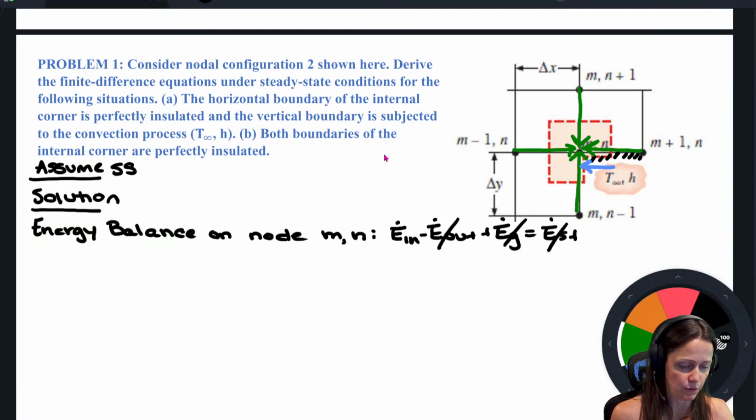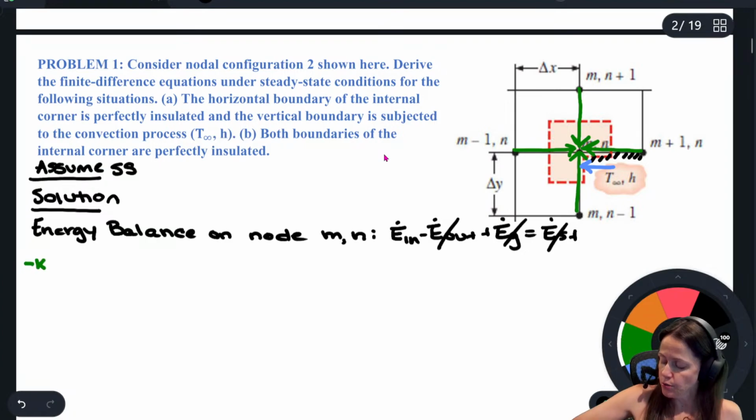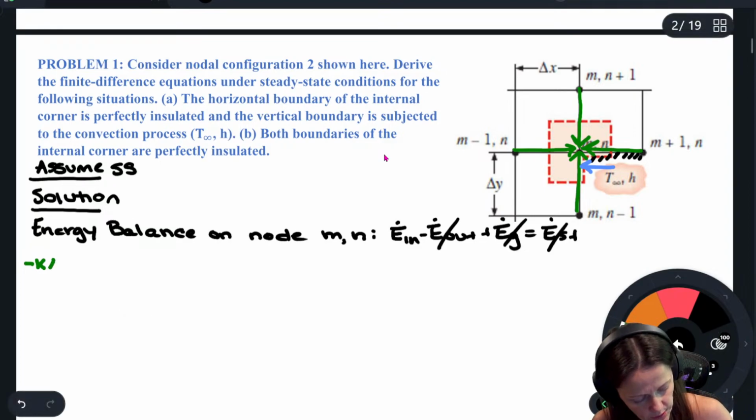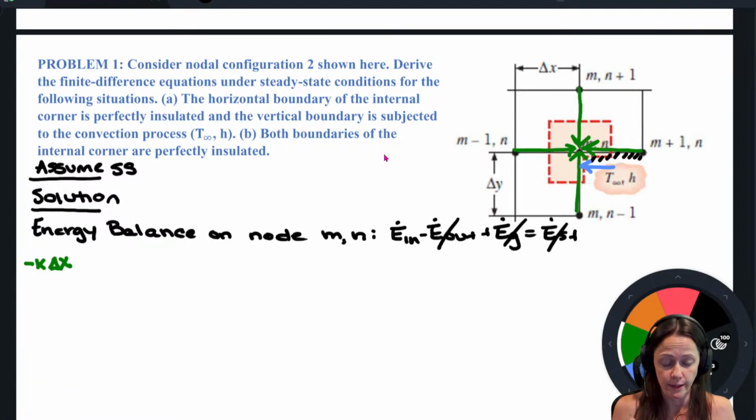So Q coming from the very top. I've got negative k, the area through which that heat transfer is going perpendicularly is going to be delta x times 1.